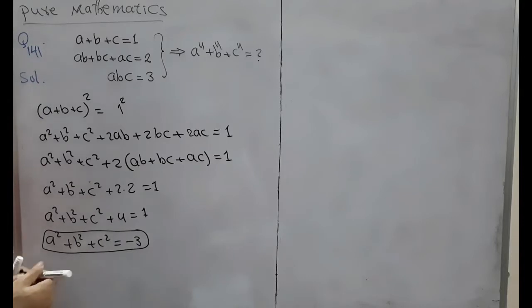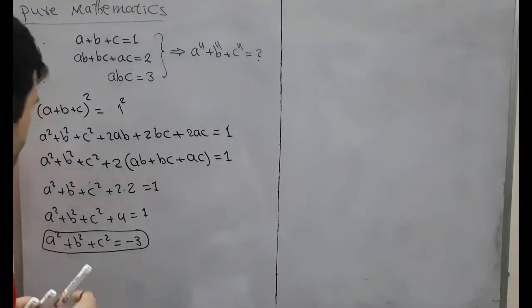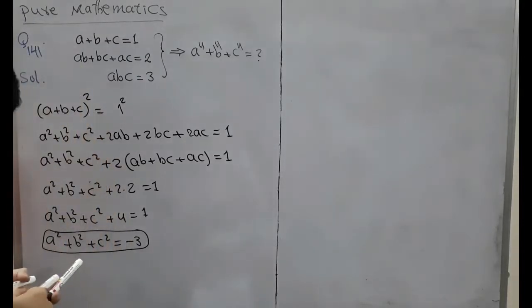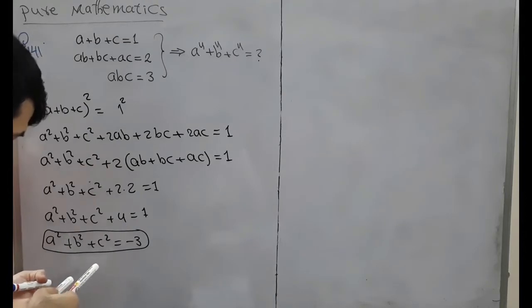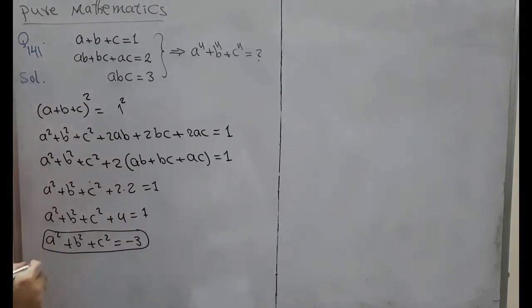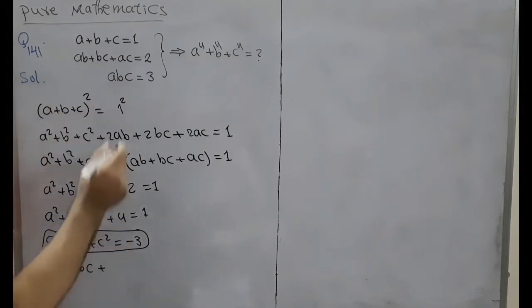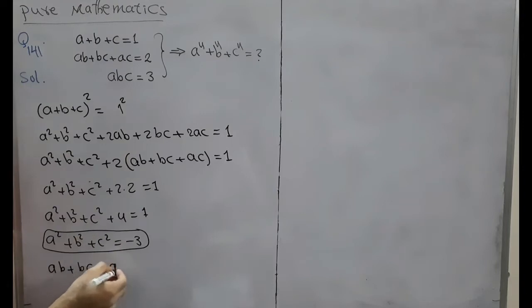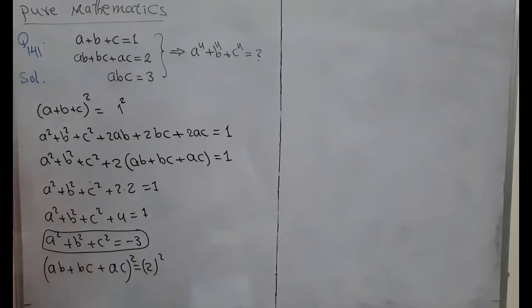Minus 3. Now, we square this equation, we get (ab plus bc plus ac) whole square is equal to 2 whole square.